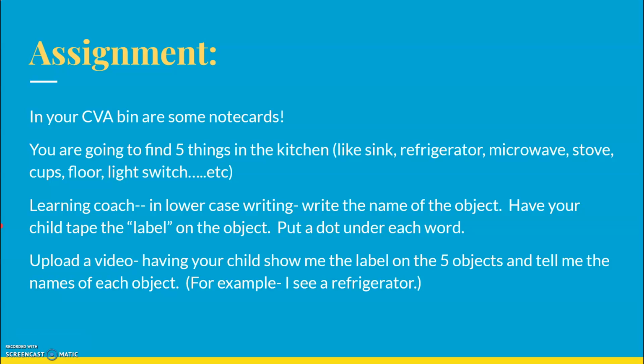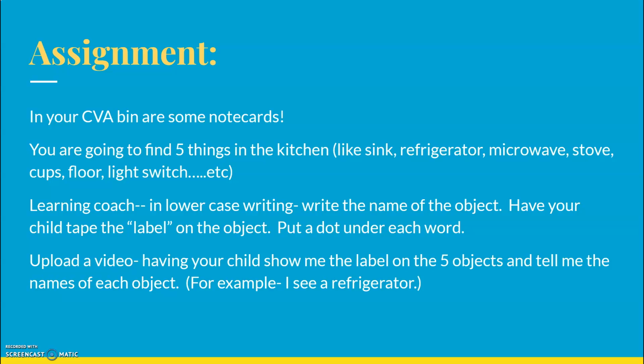Here's your assignment. First, you're going to do the 2 worksheets and the next 2 activities. Then, in your CVA bin are some note cards. You are going to find 5 things in the kitchen, like the sink, refrigerator, microwave, stove, cups, floor, light switch. It can be anything.